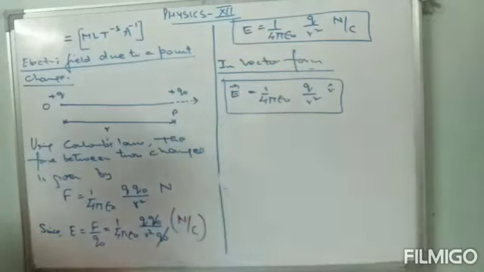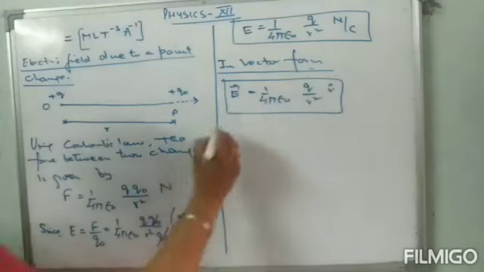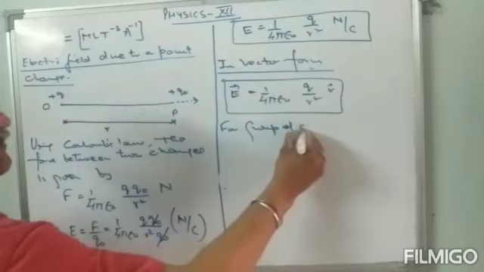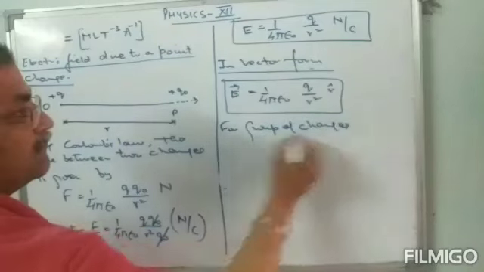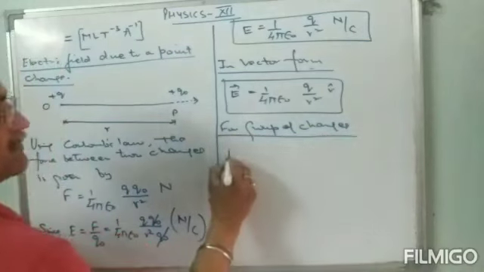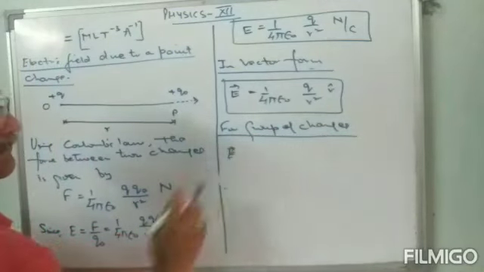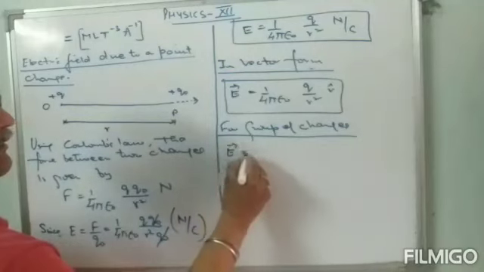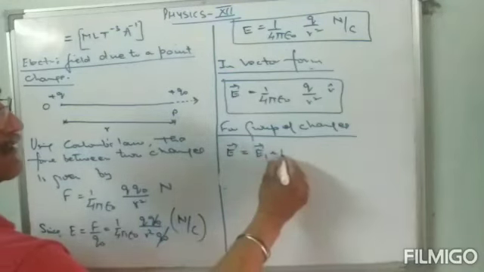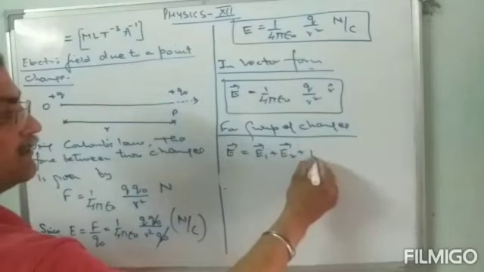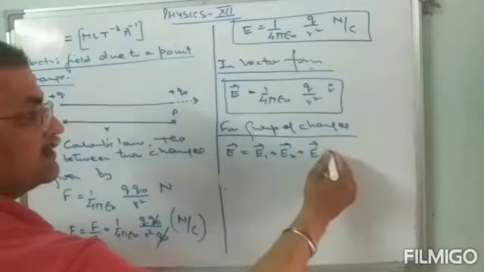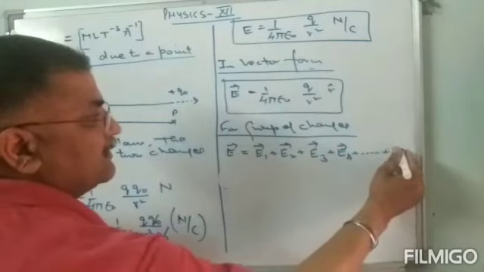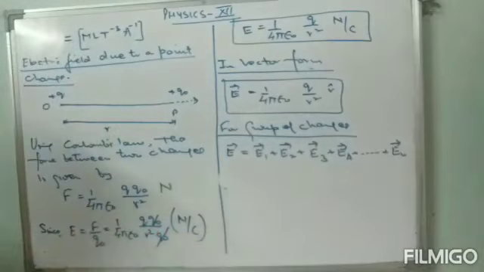If there is a group of charges present in a space, the total intensity becomes E vector is equal to E1 vector due to first charge, E2 due to second charge, E3 due to third charge, E4 due to fourth charge, plus En due to n number of charges.